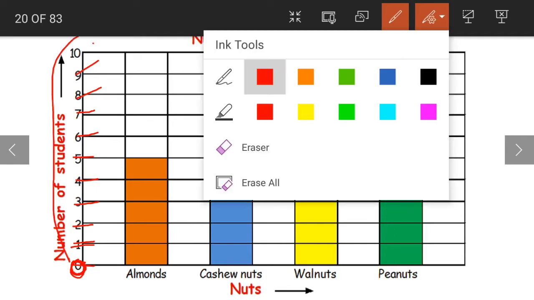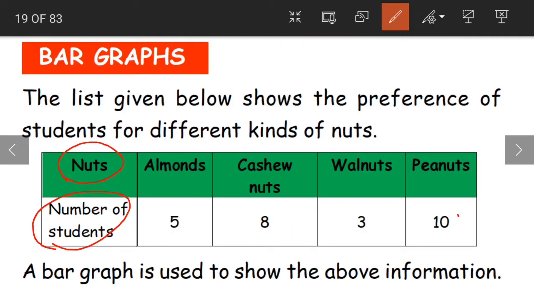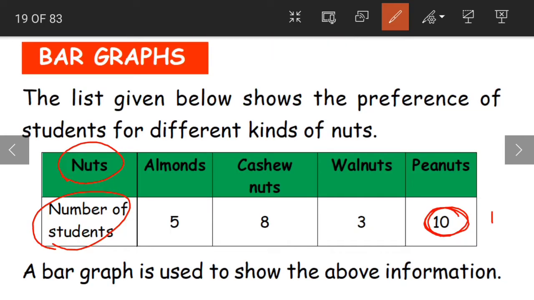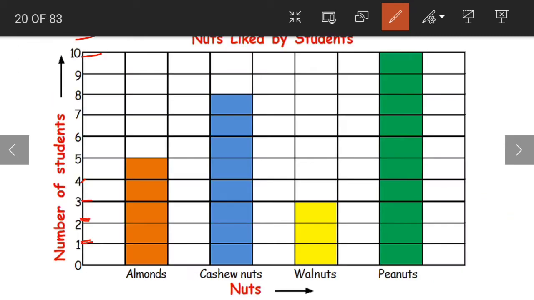Now these numbers depend on the number of students we have. We are having a maximum of 10 students, so we have gone for one number 1 2 3 4 till 10 children. Suppose if I have till 15, then I have to go till 15 here. Understood?